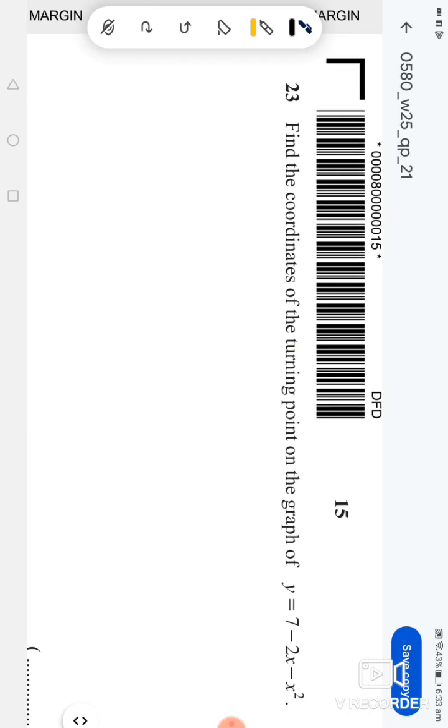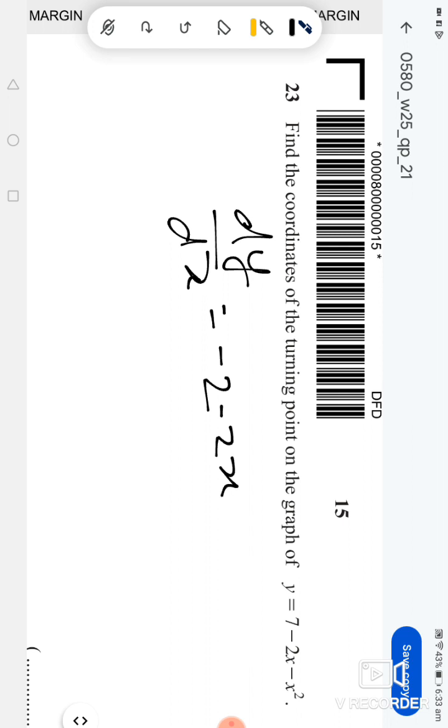Find the coordinates of the turning point of the graph y equals 7 minus 2x minus x square. Differentiate: dy by dx equals minus 2 minus 2x. So this is 0 equals minus 2 minus 2x, so x equals minus 1.